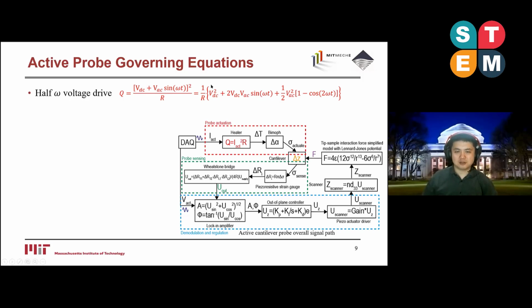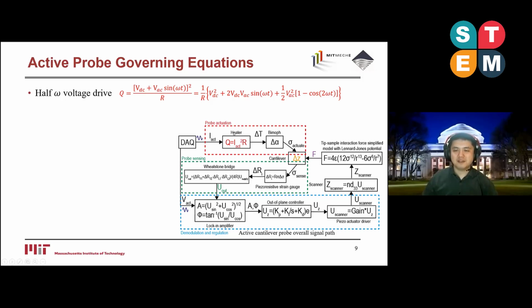So we understand these principles for interfacing with the cantilever. First, let's look at the red part, the so-called half omega voltage drive. Basically, for thermal heating, the signal is squared, because for the power generation, we have the voltage squared divided by R as the resistive heating power. In that case, if you have a DC and an AC component, by trigonometric identity, you have 2 different components, at omega and at 2 times the omega frequency.